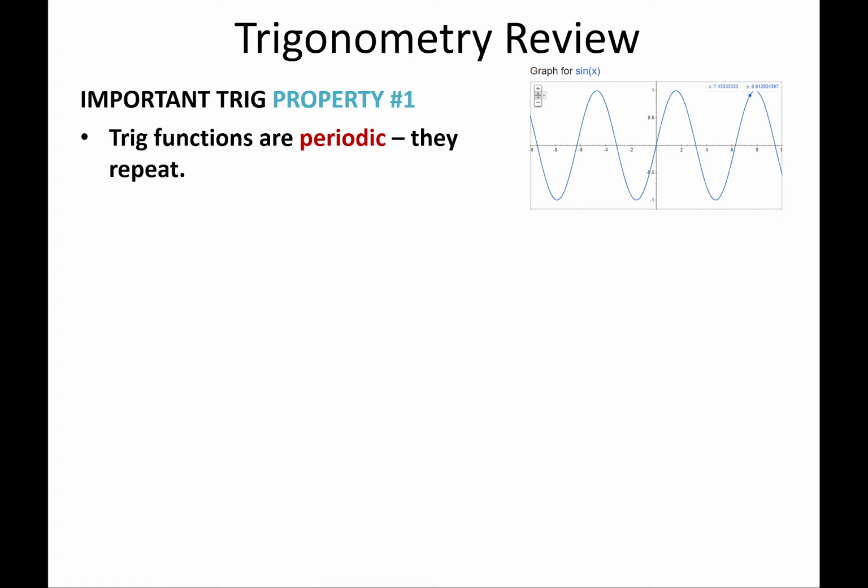It's a periodic function. So if you took a screen capture of one little block of this function from here to here, you do a copy paste of that little window there.